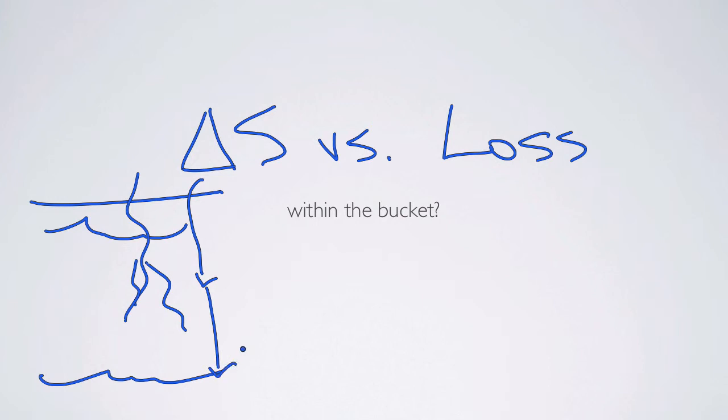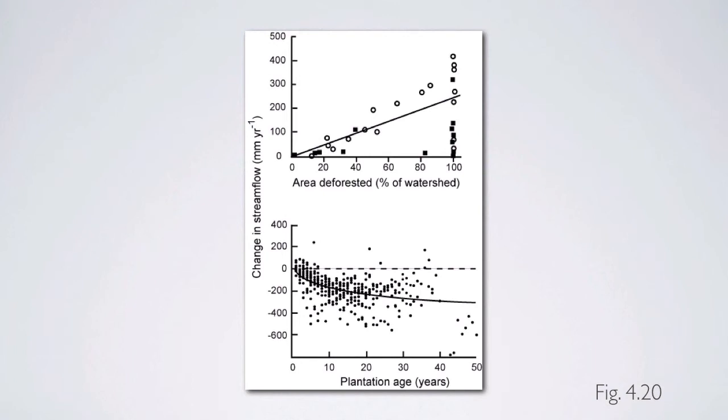If it goes below the rooting system of a plant, then that tends to be a loss from the system as far as how we draw it out. In that case, vegetation is important. And vegetation is important for thinking about how deep that bucket's going to be and whether water is considered to be stored or lost for that ecosystem. But vegetation has other characteristics that are really important for determining loss patterns.